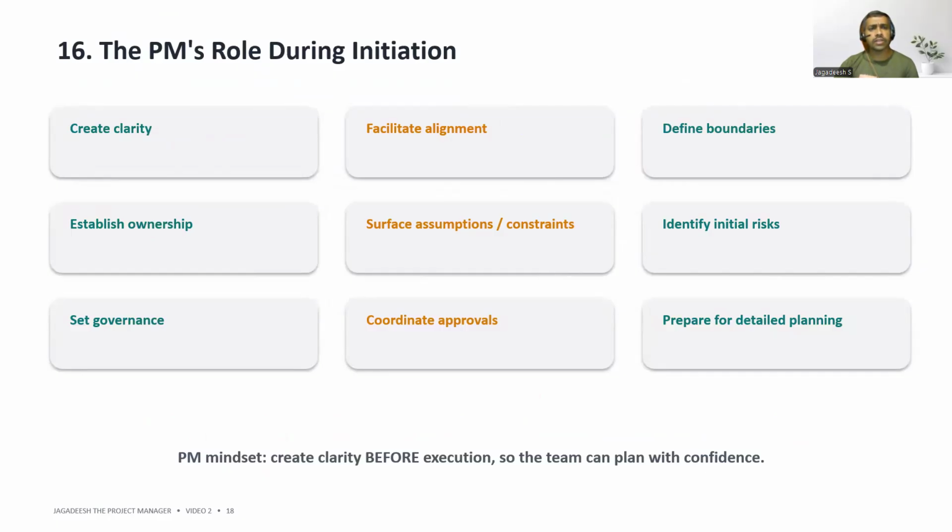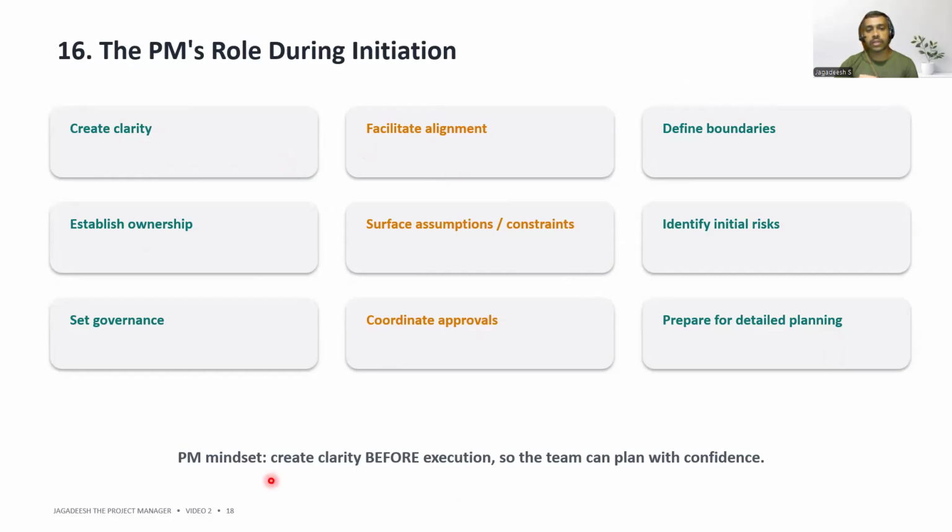The project manager's role during initiation. If I summarize what I personally see as the project manager role here, it is creating clarity. I facilitate alignment, define boundaries, establish ownership, surface assumptions and constraints, identify initial risks, set governance, coordinate approvals, and prepare for detailed planning.